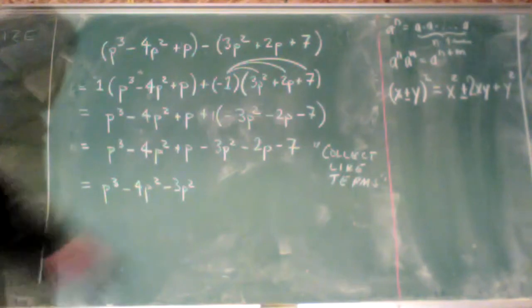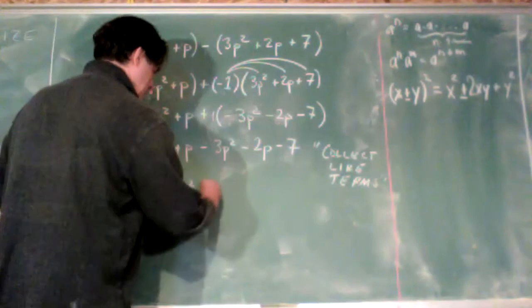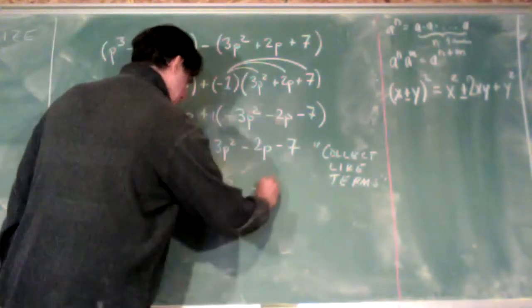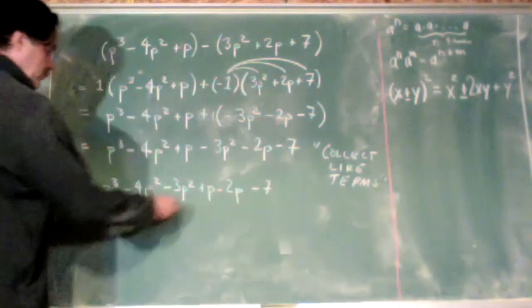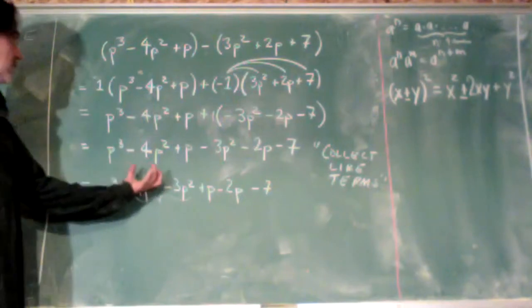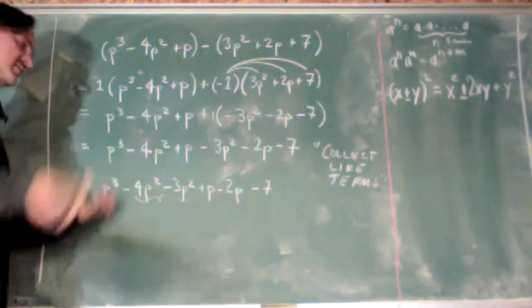And then I have p to the first power here, minus 2p to the first power there, minus 7.